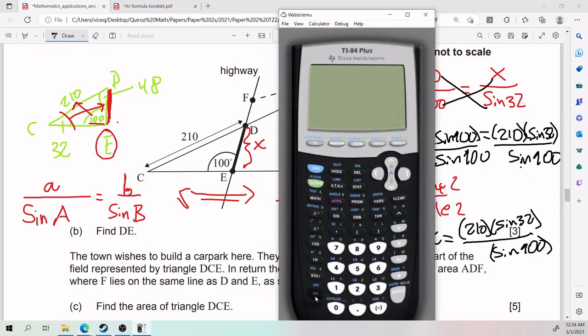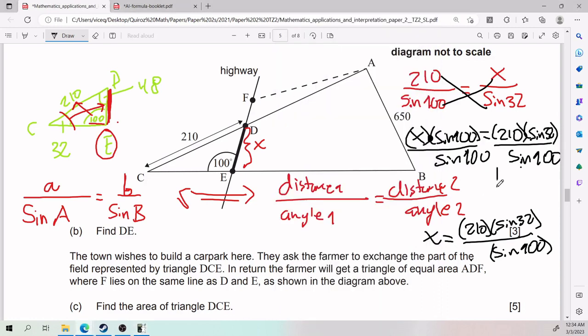Sine 100 is an actual number. You can go like this, sine 100, boom, it's an actual number, all right? So I'm basically dividing by 0.98 on this step here, see? But yeah, I just wanted to point out when and why you use sine inverse. More importantly, why. If you understand why in anything, it enters your head a lot more, see?